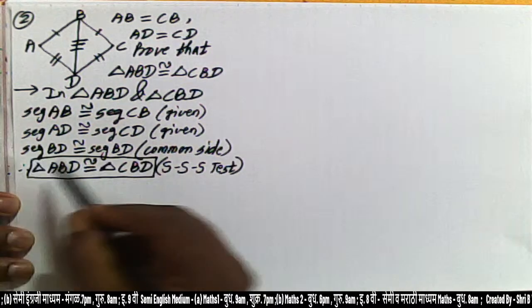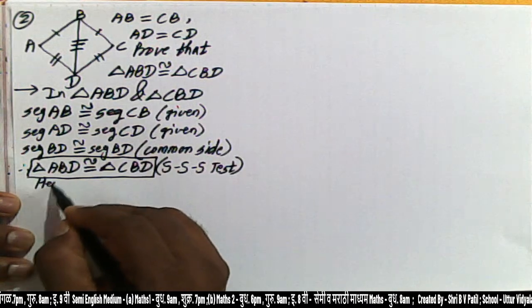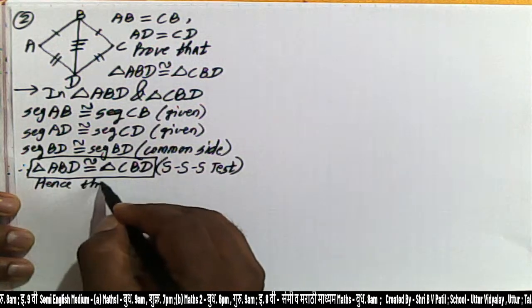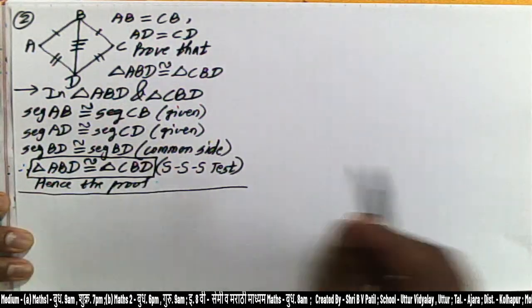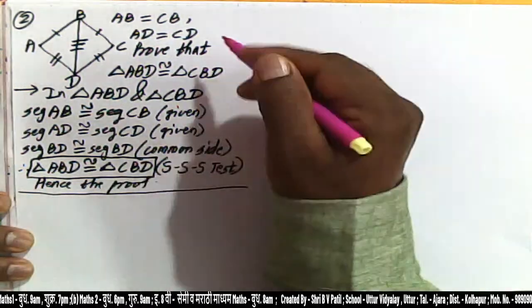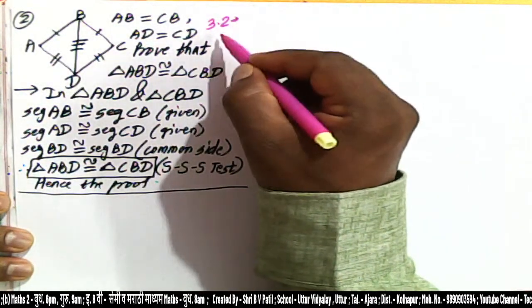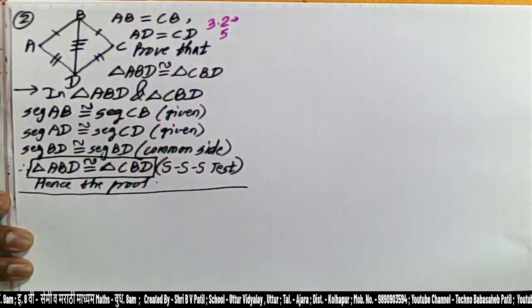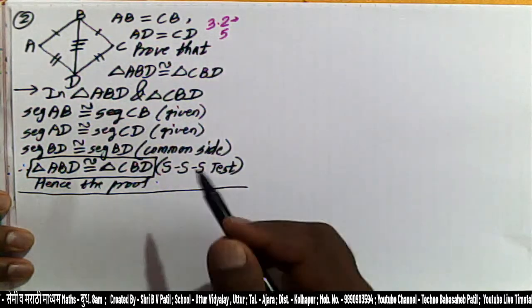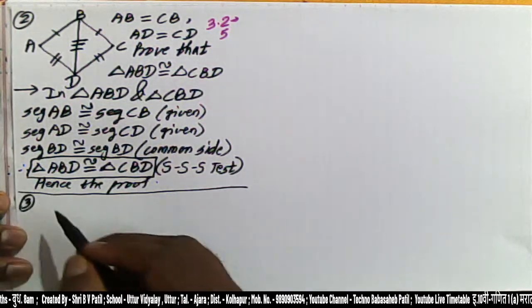That is the asking question: show that two triangles are congruent. Hence the proof. This is the solution method. This is example number 5 of 3.2. Then next example.